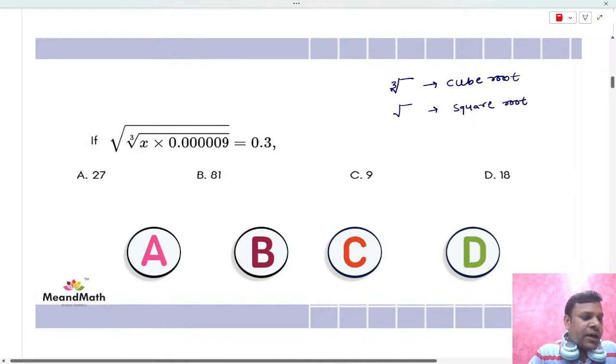I hope you all are aware of it. The cube root means power 1 by 3 and the square root means power 1 by 2.